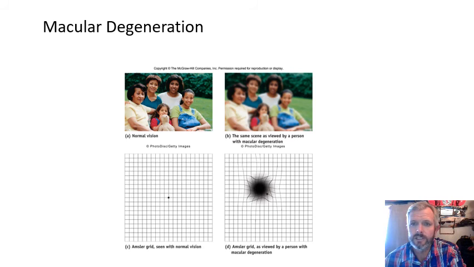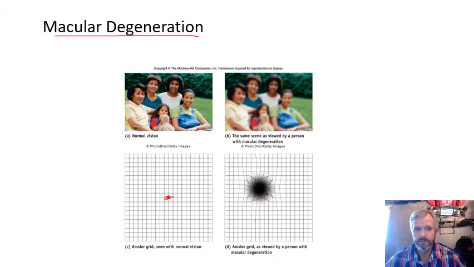In macular degeneration, those cones have been damaged. In a normal person's vision, your eye muscles and your lens are all going to focus that energy at that fovea centralis. So you see that dot. Again, in macular degeneration, there's been damage to those cones in the macula around that fovea centralis.